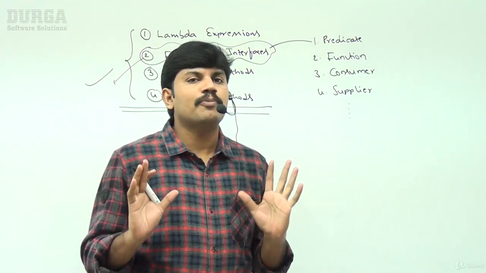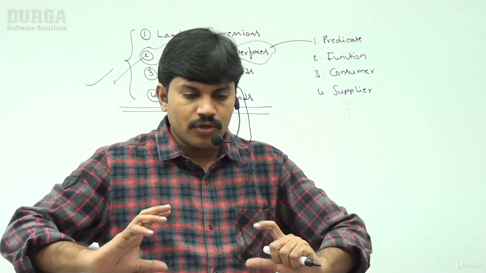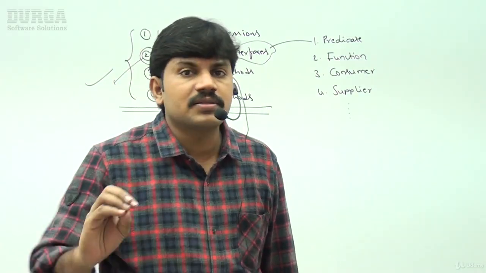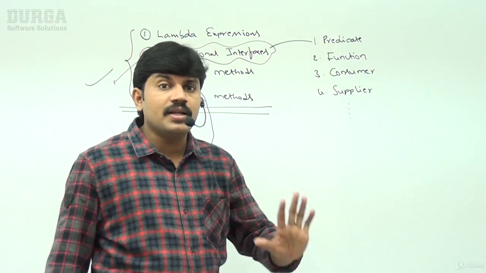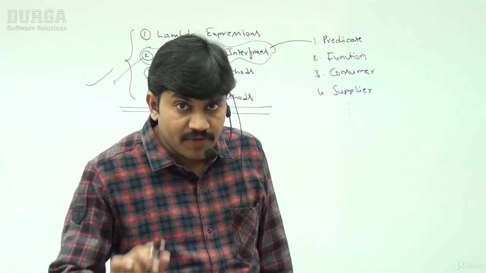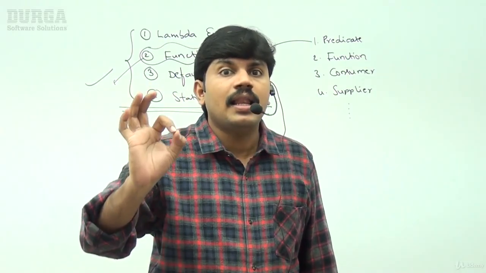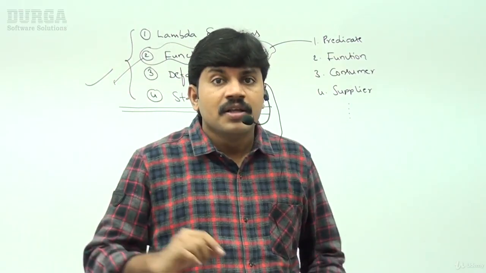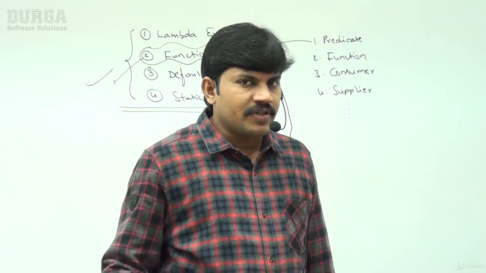So, for whatever commonly required cases there are in our programming, to fulfill those common requirements, Oracle or Java people provided some predefined functional interfaces. I hope you remember what a functional interface is: an interface which contains a single abstract method is called a functional interface.